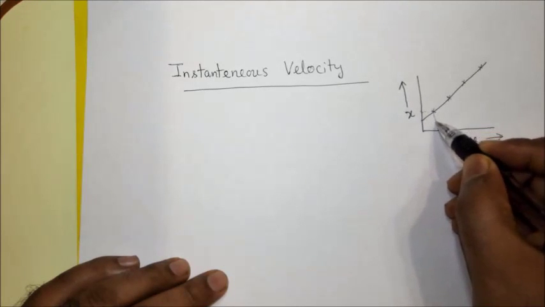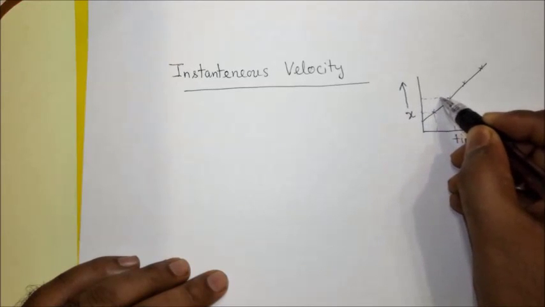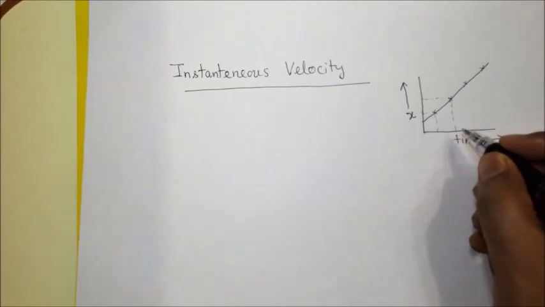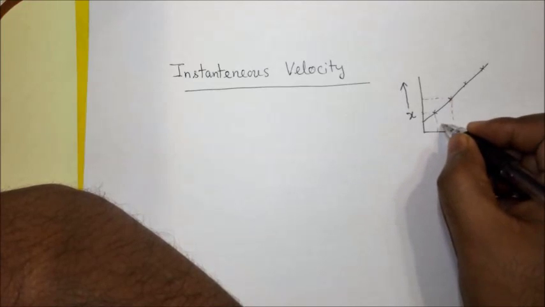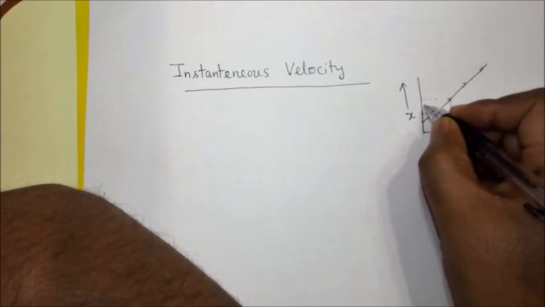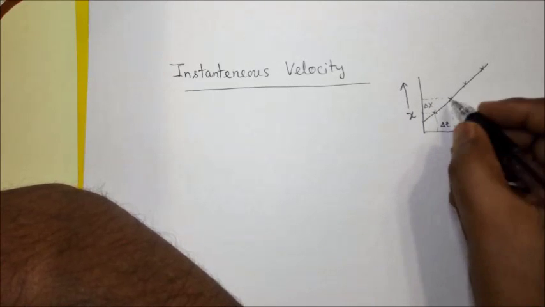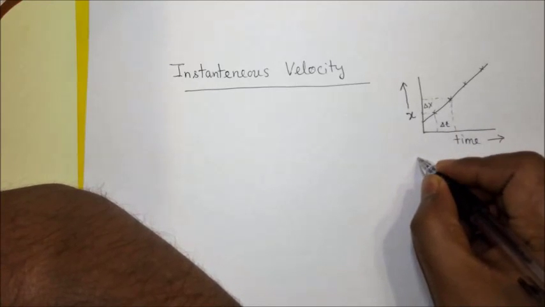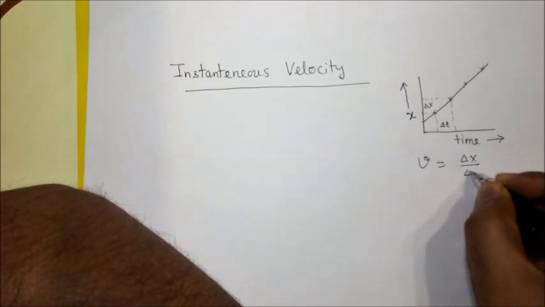Here, if you take an interval of time, this is delta t and this is delta x, and if you find the slope, you get v. V is delta x over delta t.